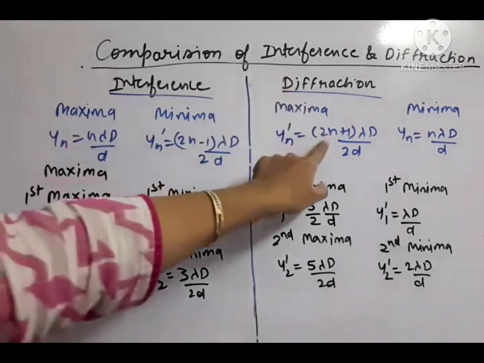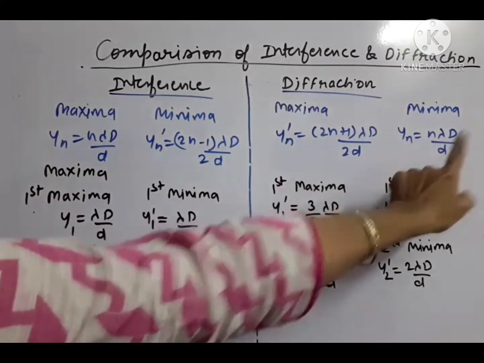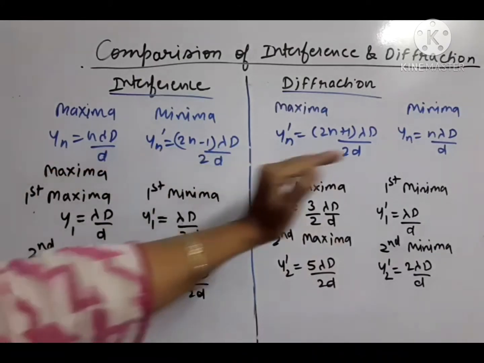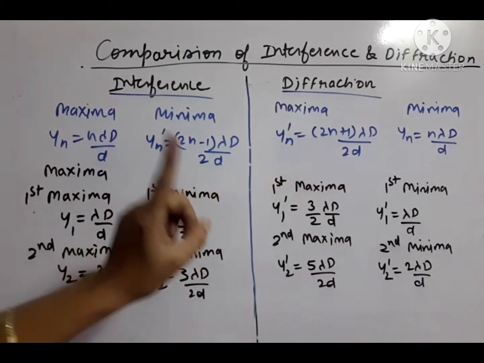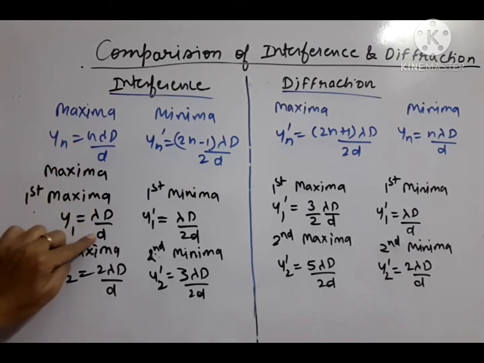In diffraction, maxima (2n plus 1) lambda D by 2d, minima n lambda D by d. Everywhere you have to put the starting value n equal to 1. Okay, so for first maxima put n equal to 1, lambda D by d. This is the displacement of the first bright fringe from the center of the screen.